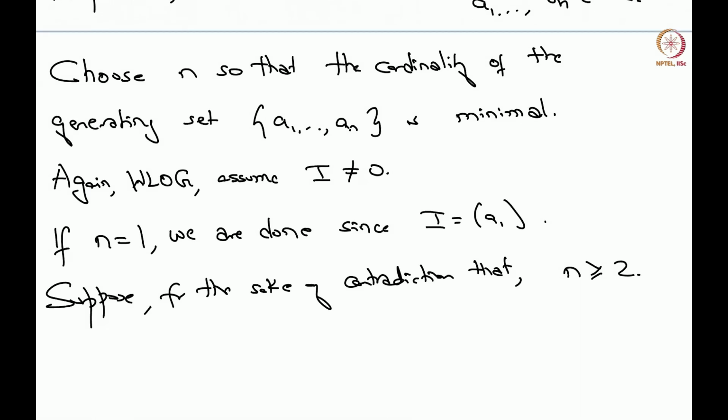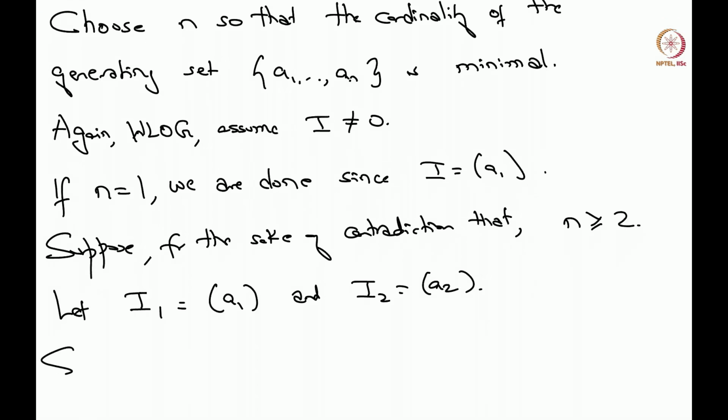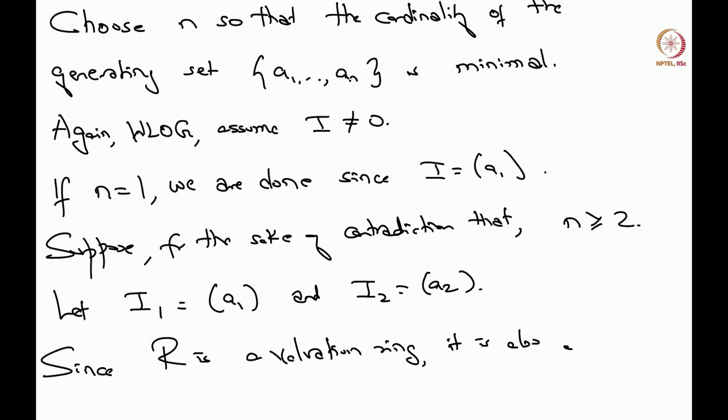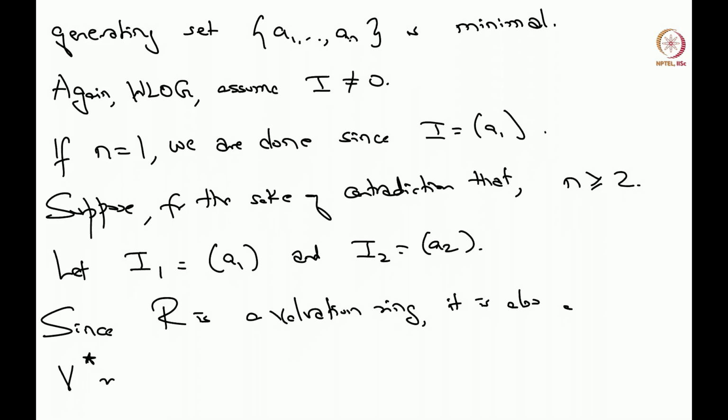and take the first two generators. So let I1 be the ideal generated by A1 and I2 be the ideal generated by A2. And since again by hypothesis R is a valuation ring, it is also what we call the V star ring. This was summarized in lecture 13 as theorem 35.